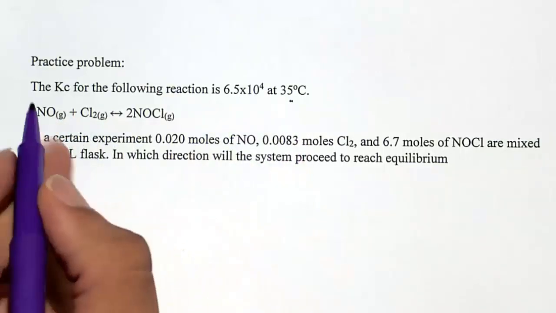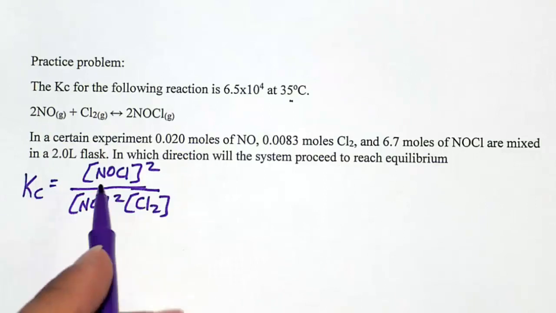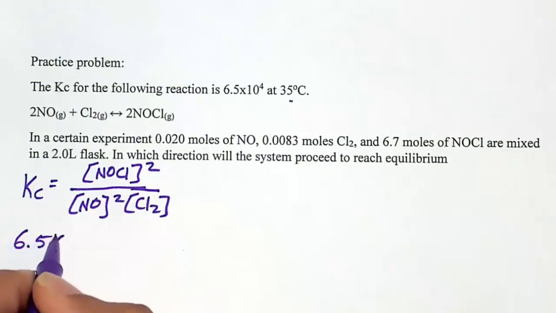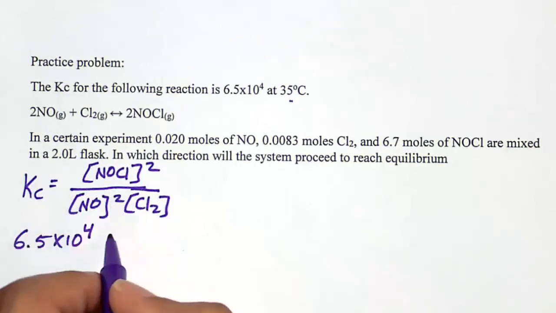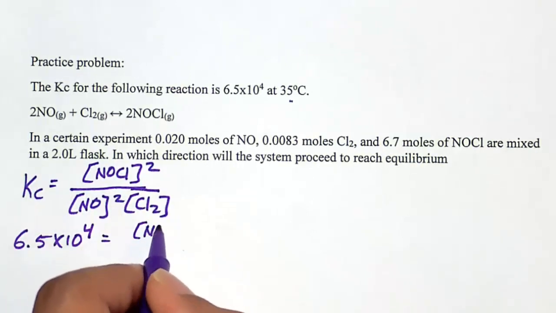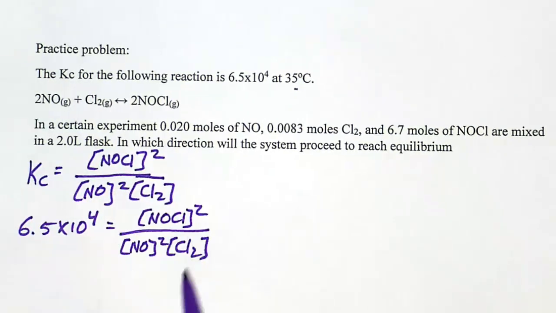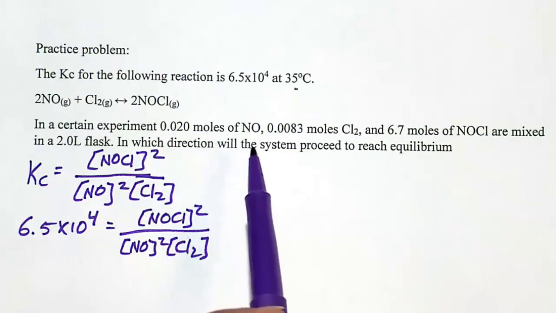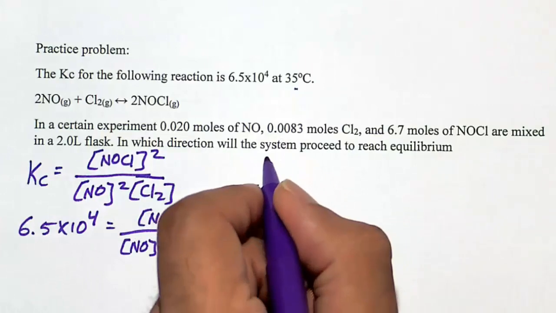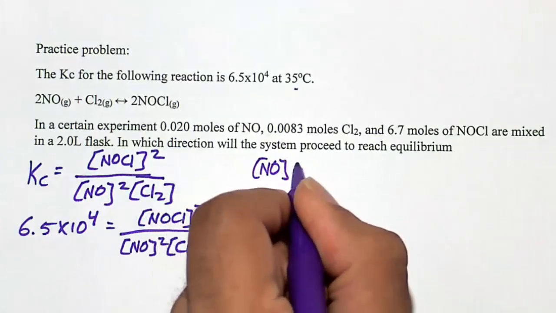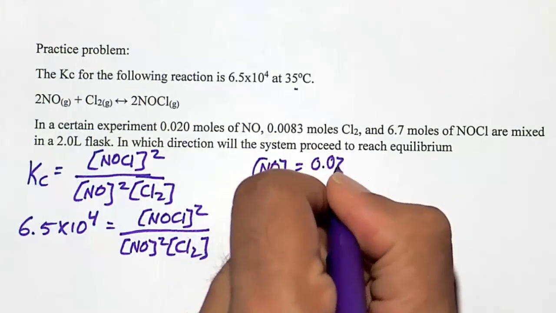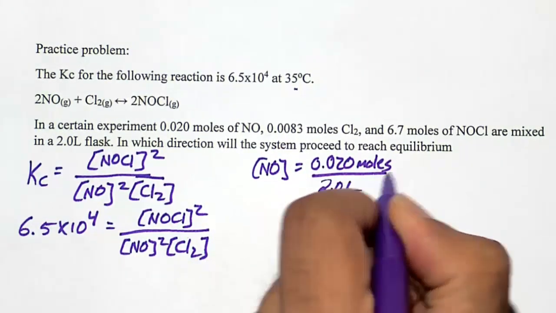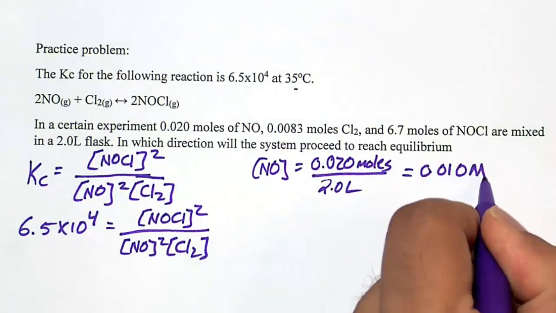So we're given concentrations here. That is the equilibrium constant. We know that it's 6.5 times 10 to the fourth, and it has to equal this expression given, with these values of reactants and products. So let's calculate the concentrations. The concentration of NO in this gas is 0.020 moles in 2 liters, 0.010 molar.